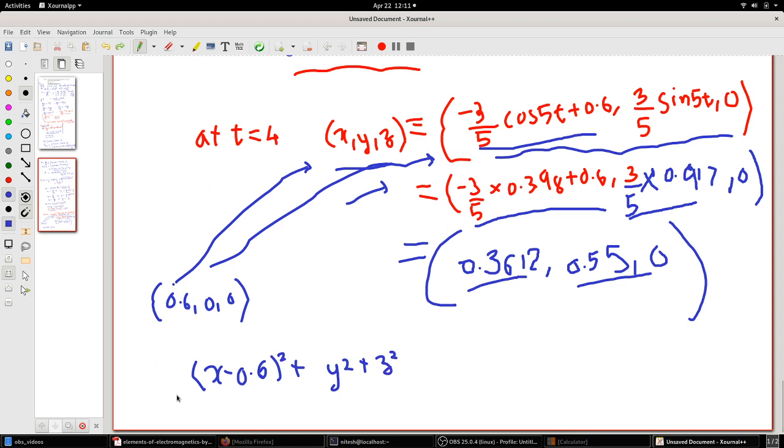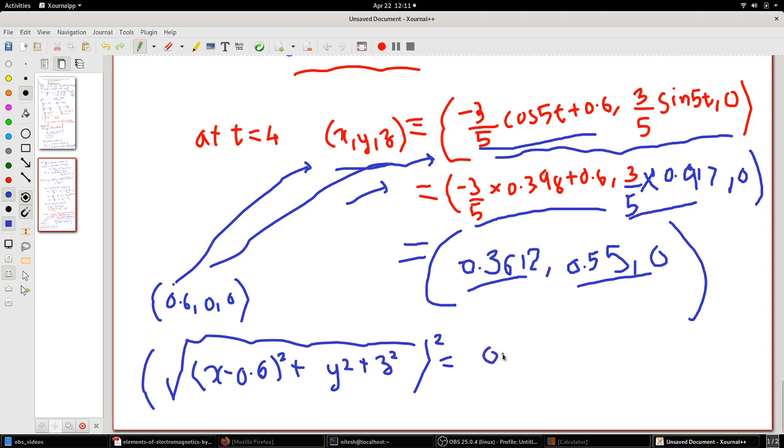Okay, so these are the coordinates of the charged particle. I can square the distance, and that is the same as this minus 0.6.